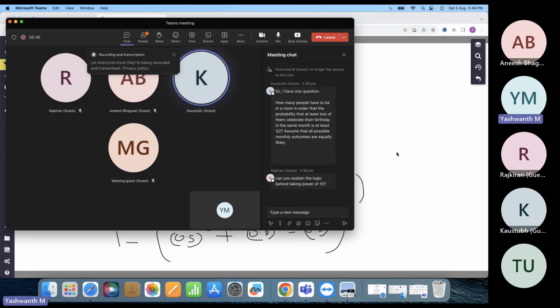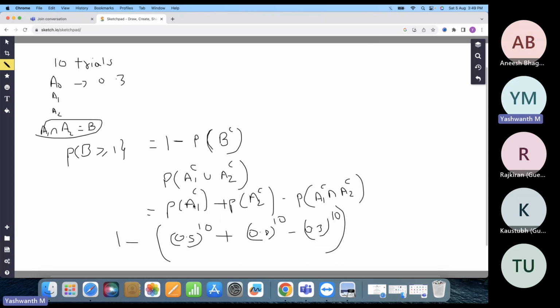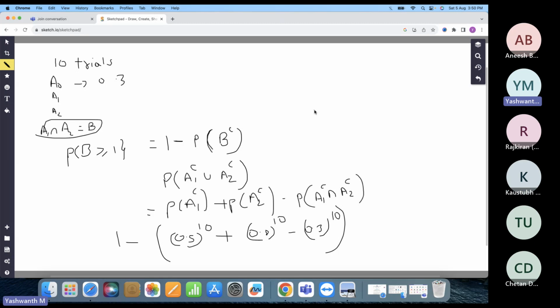So what is the logic behind taking power of 10? So basically this whole experiment is done for 10 trials. Okay. And what is A1 complement? A1 should not happen, right? A1 should not happen in all of the 10 trials. So A1 happening probability is 0.5. That's why A1 not happening probability is also 0.5, and it should not happen for all the 10 trials because they are independent, right?